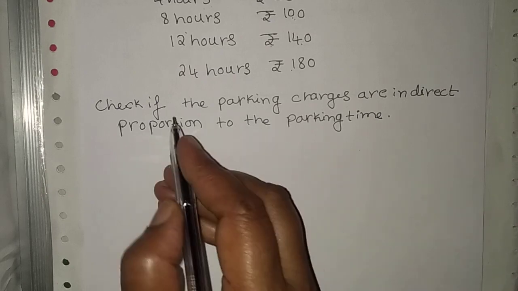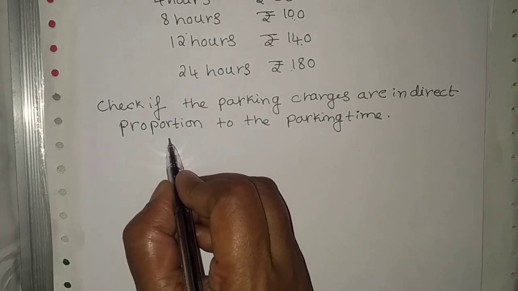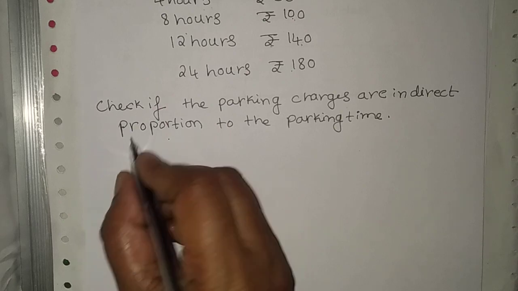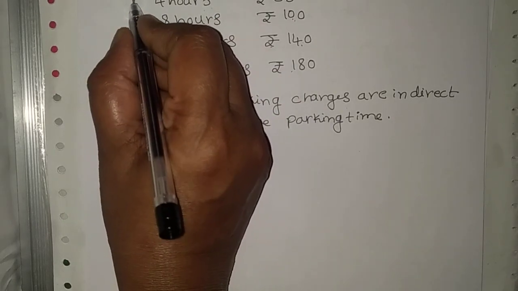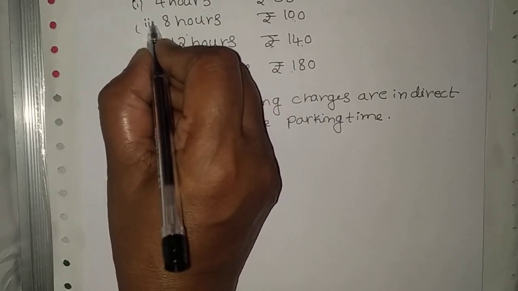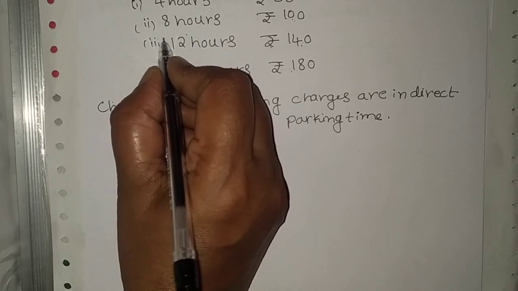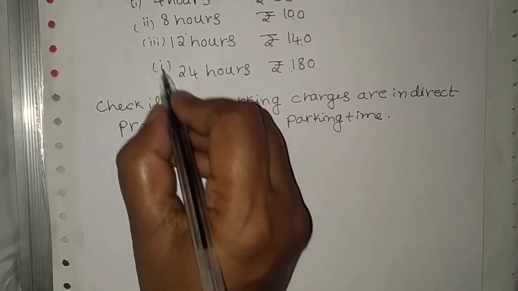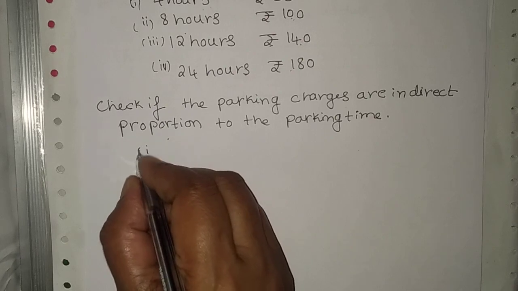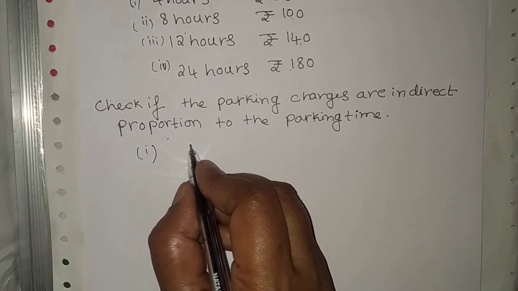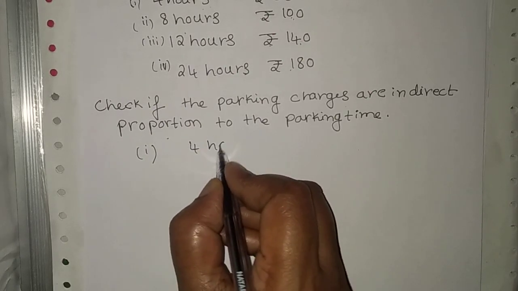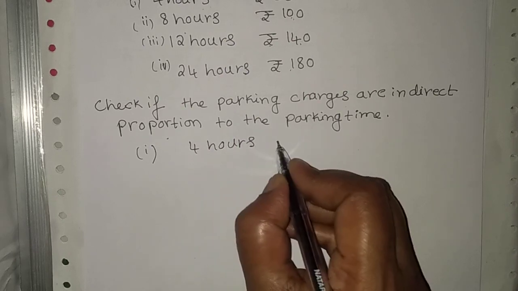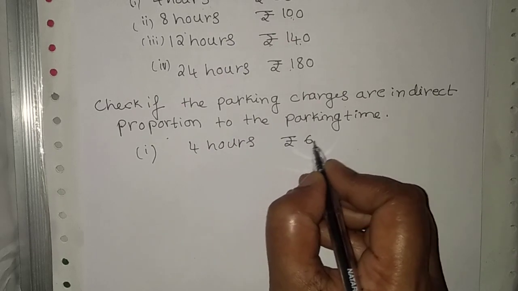So we'll start this. First I'll write this as 1, 2, 3, 4. The first one they have given is 4 hours, and the charge is 60 rupees.